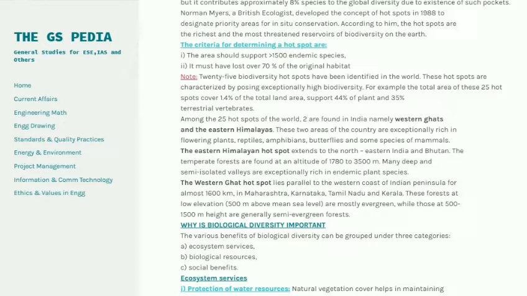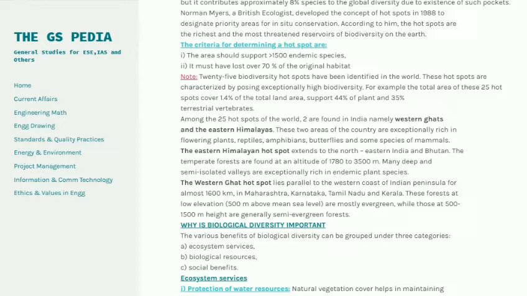These hotspots are characterized by possessing exceptionally high biodiversity. For example, the total area of these 25 hotspots covers 1.4% of the total land area, and supports 44% of plant and 35% of terrestrial vertebrates.